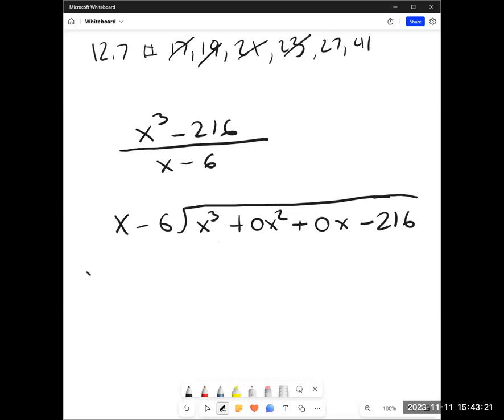That way, when we have x cubed divided by x and we get an x squared, we have an x squared spot here to put it above. And we're going to get x squared times x is x cubed minus 6x squared. And we're going to change our signs and add.